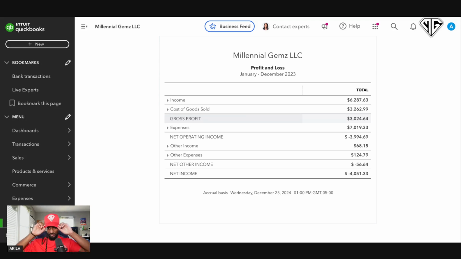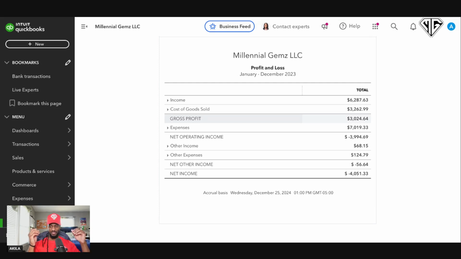After that, you have your expenses, which is everything that ties into your business's operation. Your website is an expense. The domain is an expense.